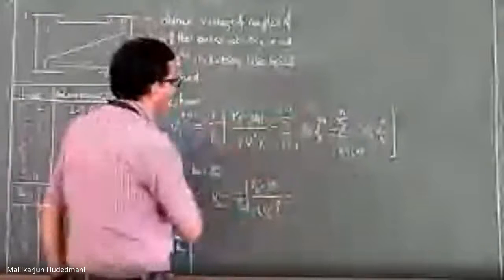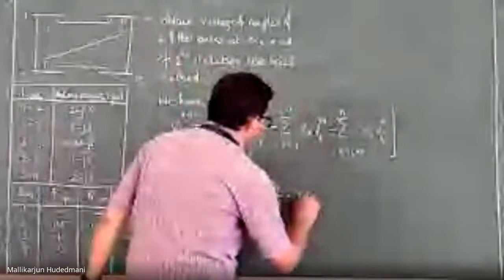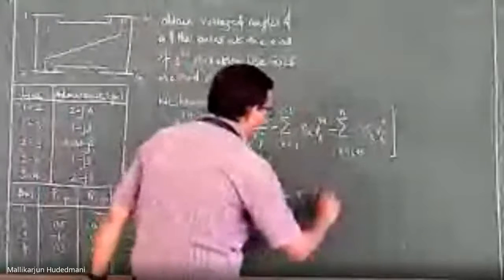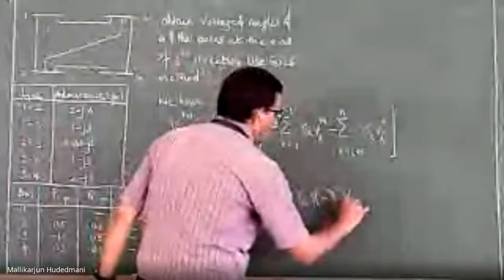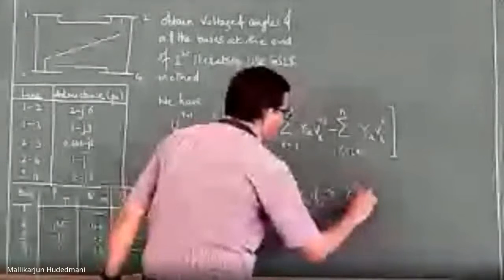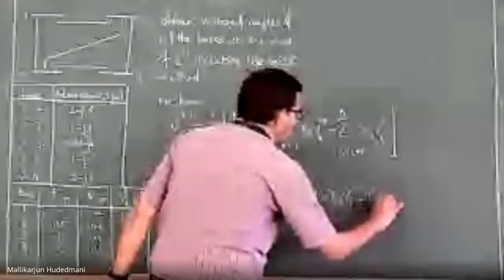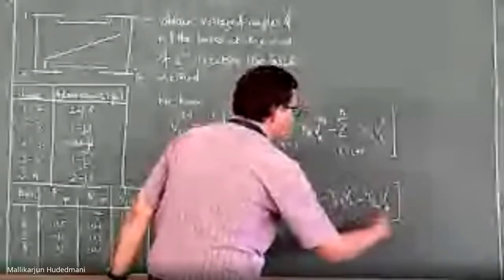Let me write here. So this becomes Y21 V1 minus Y23 V3 of 0 minus Y24 V4 of 0. Let me stop here for a moment and tell you what I did exactly.